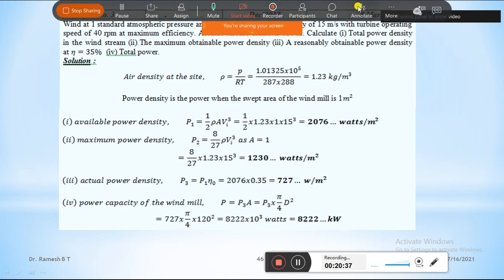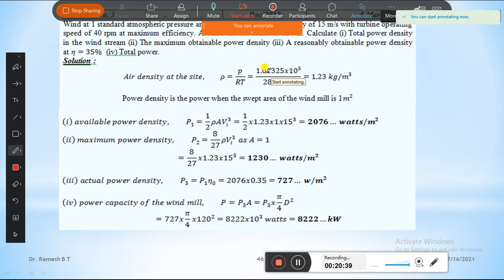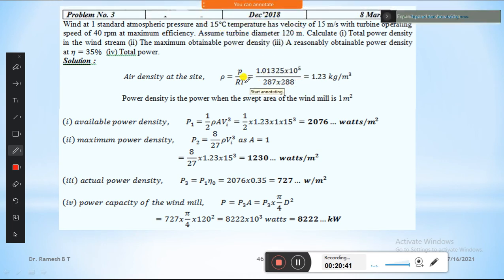P is given in the problem, and R is a constant, 287, into 288, which is the temperature for 15 degree: 273 plus 15 gives 288. If you calculate, the final density will be 1.23 kg per meter cube.